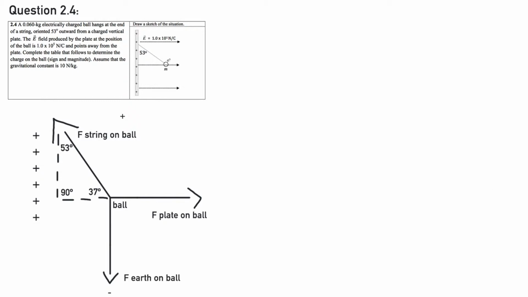We'll first solve for the y component. I've already typed up stuff here, but we know the acceleration equals force over mass. The sum of the forces is the force string on ball times sine 37, because we're getting the y value here, and then we're subtracting the force earth on ball, because the force earth on ball and the y component of the force string on ball have to be equal, since the ball isn't moving.